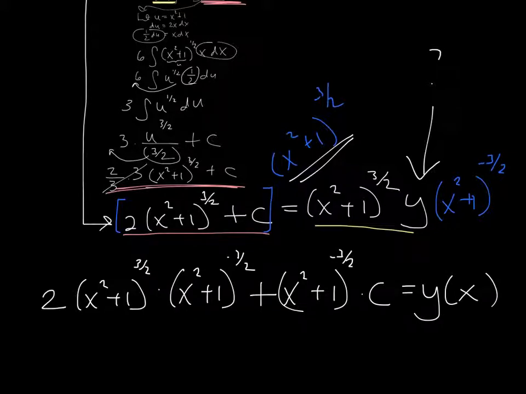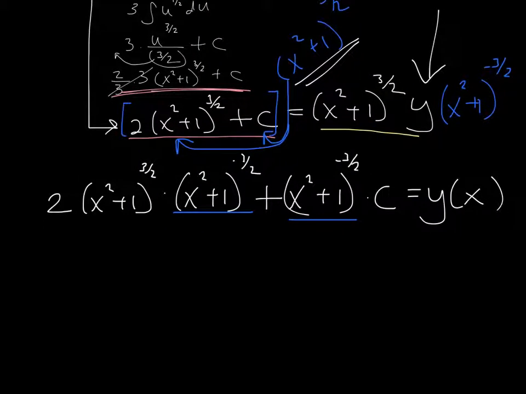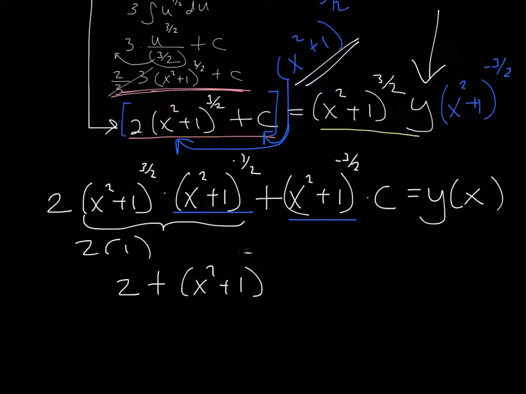So I distributed this guy and this guy. I just did it to here and to this guy. So almost done. This is just a big 1. So 2 times 1 is 2, plus x squared plus 1 to the negative 3/2 c, equals y of x.